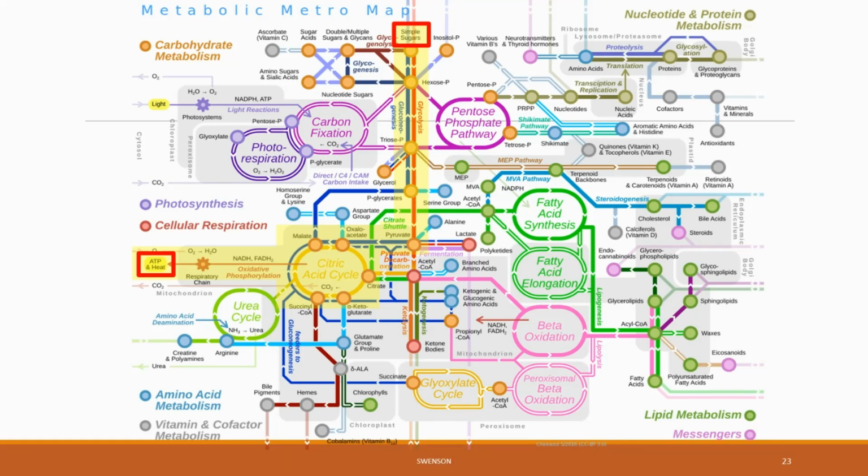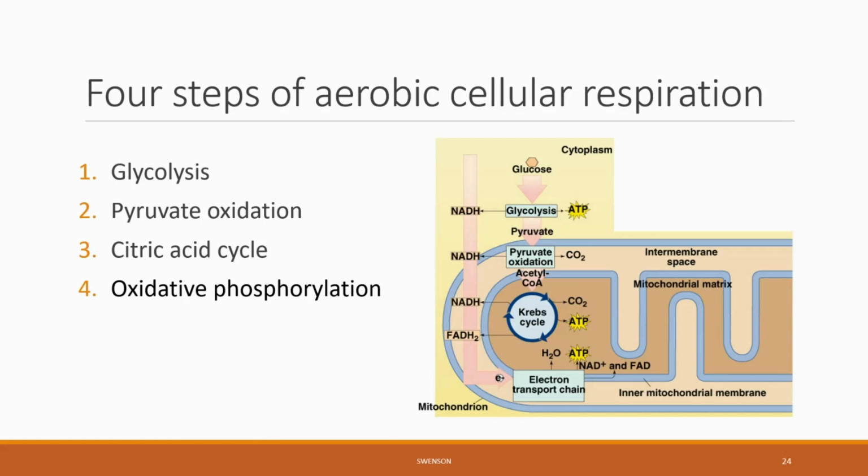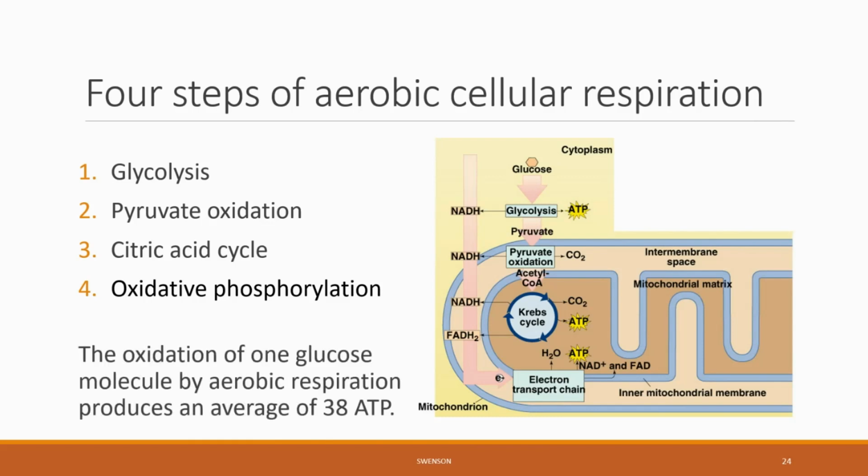So this highlighted region is the carved out region of cellular respiration, where the cell takes up sugar and goes through glycolysis, pyruvate dehydrogenation, the citric acid cycle, and finally oxidative phosphorylation. And this here is an overview of where each step of the process takes place.